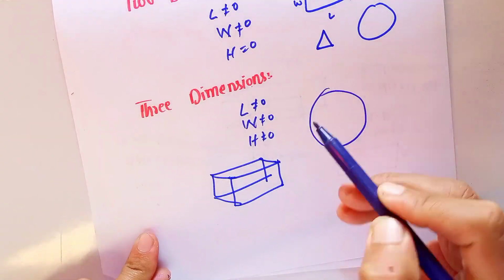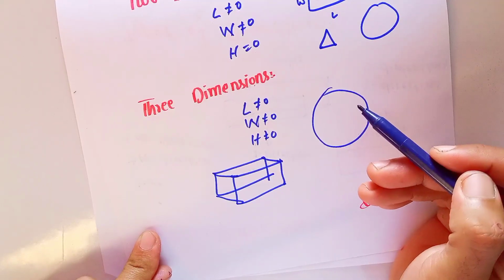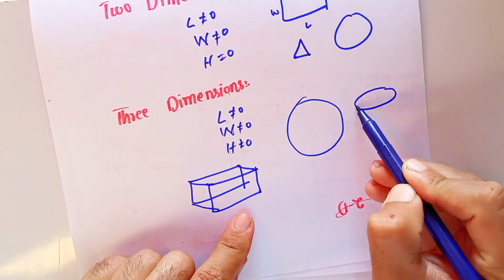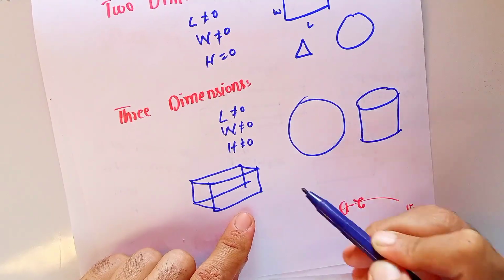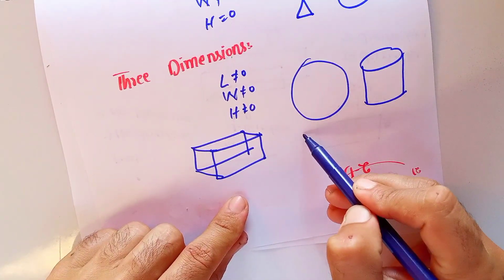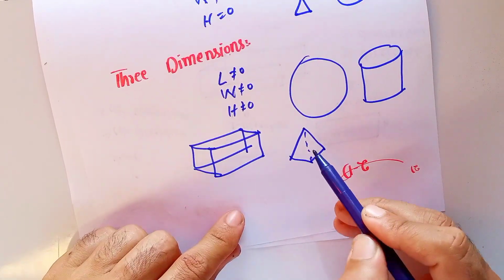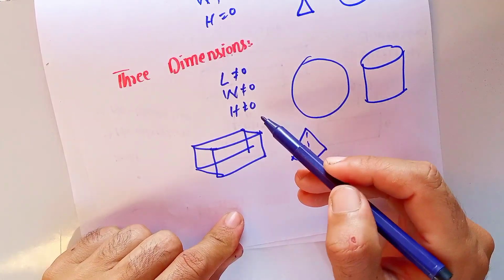In the same way, a sphere is also a three-dimensional object. A cylinder also has three dimensions, right? A pyramid is also a three-dimensional object. So these are the objects which have three dimensions.